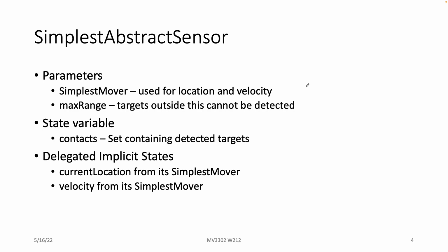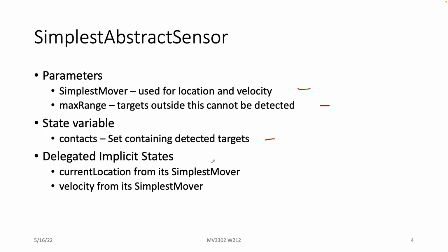Its parameters: it's going to have a mover, that's its delegate for how it moves around or where it is. It has a maximum range, so that's how we decide its footprint, and we're going to say all the footprints are circular. Again, all of that can be generalized. And its one state variable is just a set of contacts, which will contain the things that are detected.